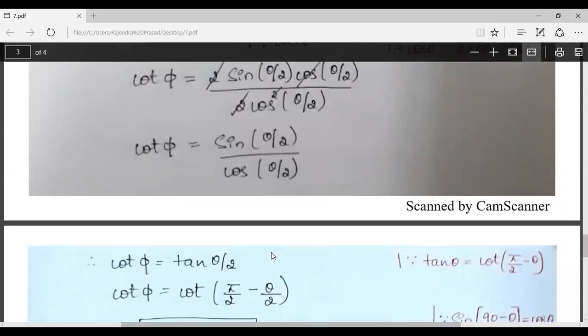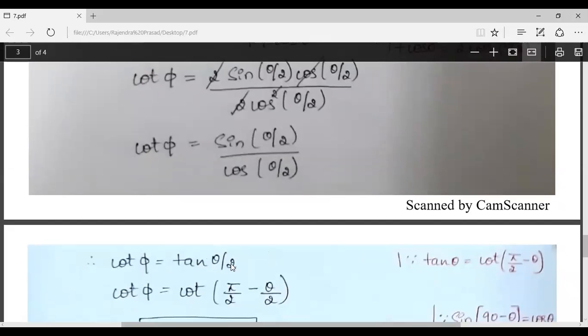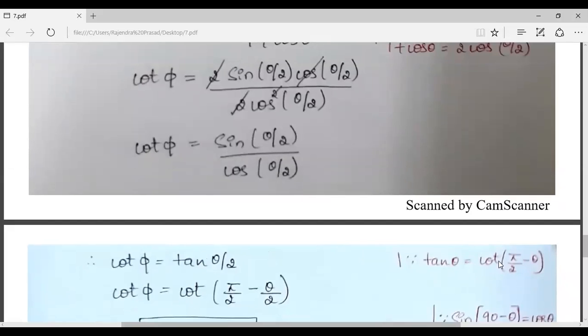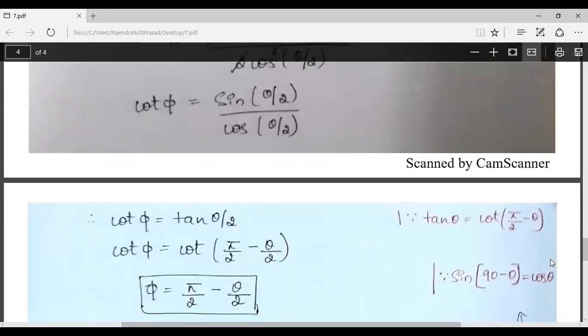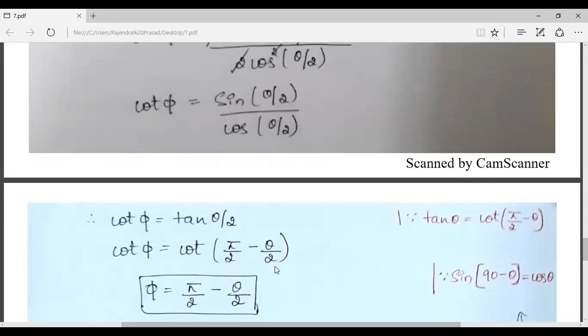Sin by cos, obviously it becomes tan theta by 2. We know that tan theta is equal to cot of pi by 2 minus theta. So in place of theta we have theta by 2, and we can write cot of pi by 2 minus theta by 2. So finally phi is equal to pi by 2 minus theta by 2.